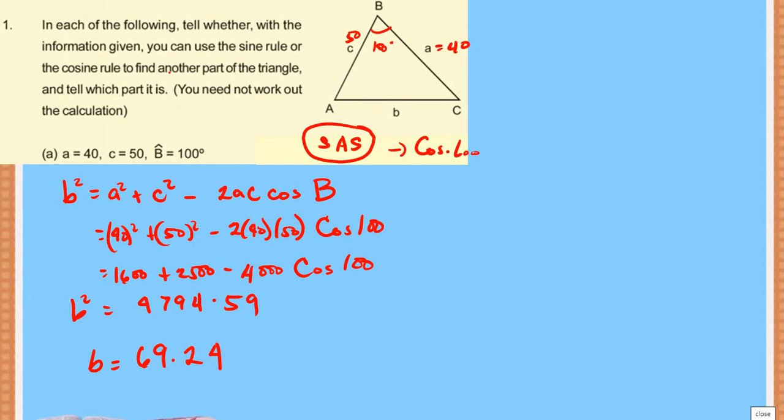It doesn't say whether we should have one or two decimal places, but these are given in whole numbers, so I am going to write that in whole numbers. So this would be 69 units. That is our B.